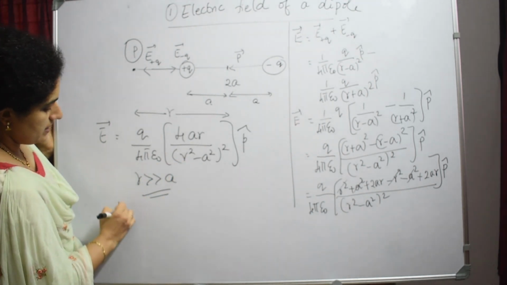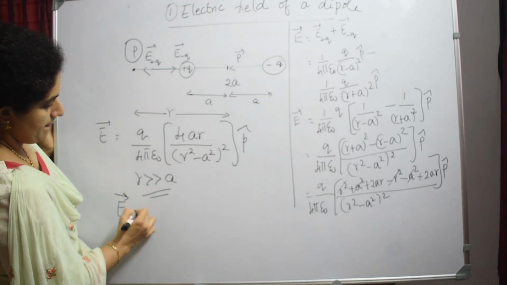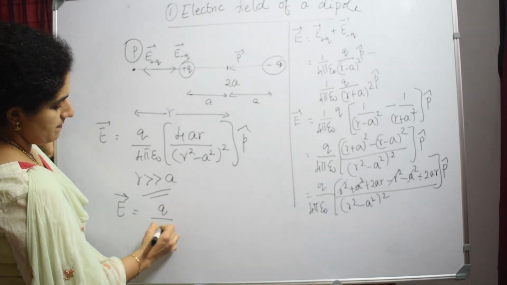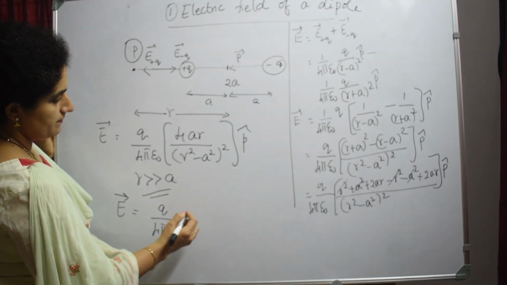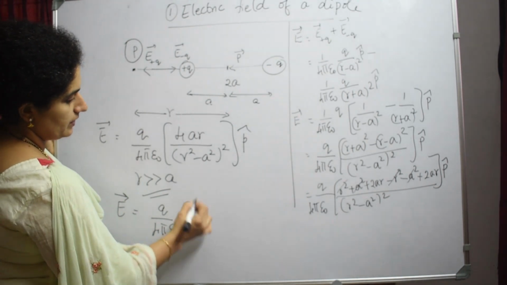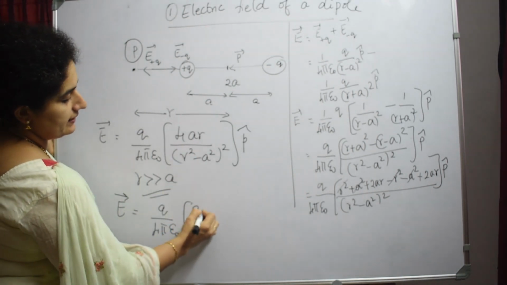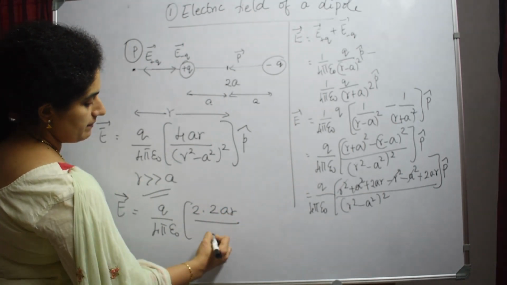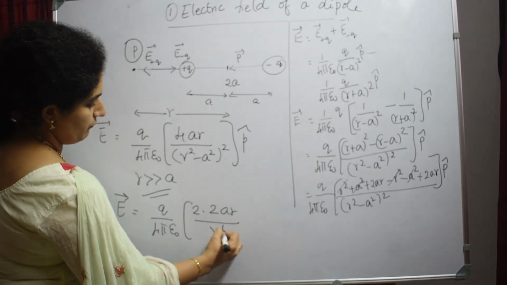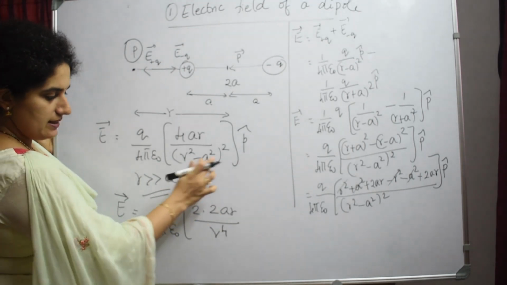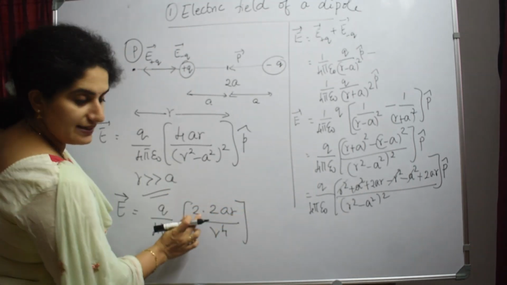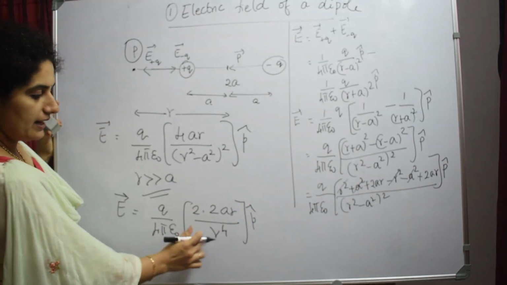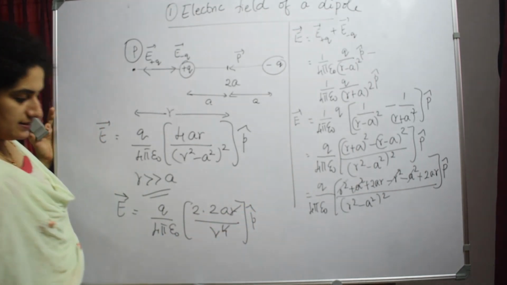So E is equal to q by 4 pi epsilon naught into 2 into ar divided by r to the power of 4. Because a is very small, this can be neglected. I will tell why I have written this 2 into 2. R to the power of 4, so 1 r will be cancelled.